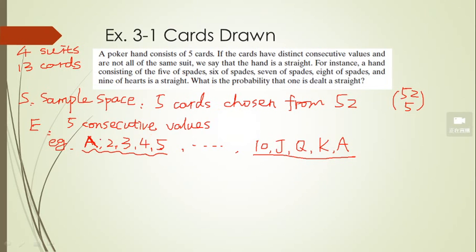So this is like 1, right? This Ace works as 1. So we will have 10 different straights. And here, basically I'm only talking about the numbers, not about the suit. We will talk about the suit later.